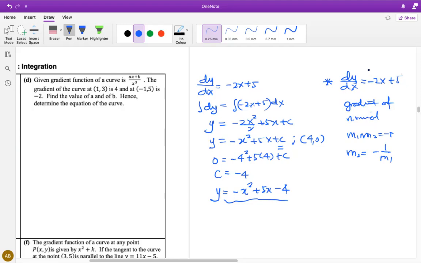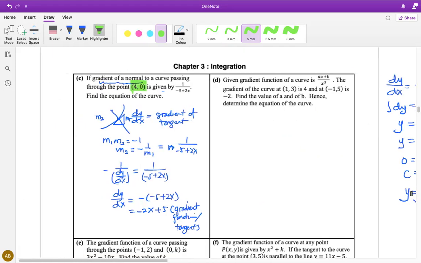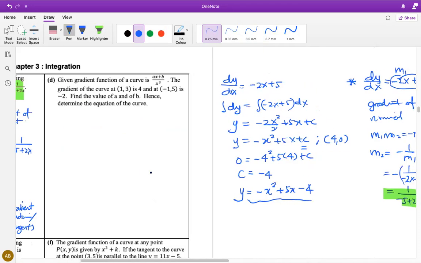This is m1, so we substitute in: -1 over (-2x + 5). Multiplying the numerator by the negative, I get 1 over (-5 + 2x). We can compare this answer and the given answer, so this is correct. Our answer is correct.